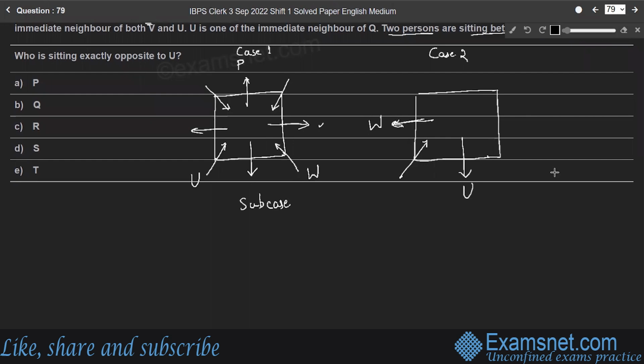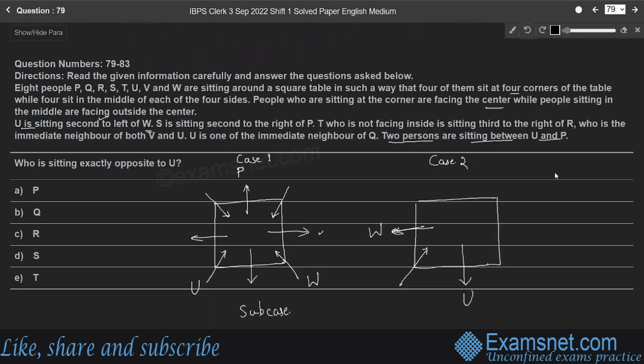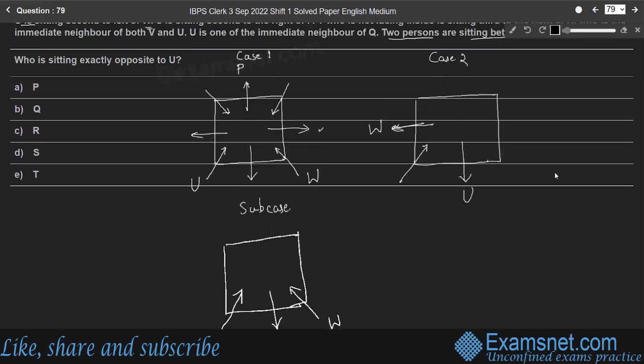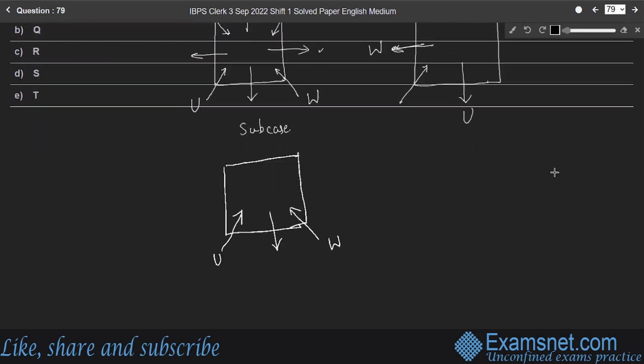Let me draw once again. Here U is sitting at the corner and W here, and 2 persons are sitting between U and P. So the position of P will be here.